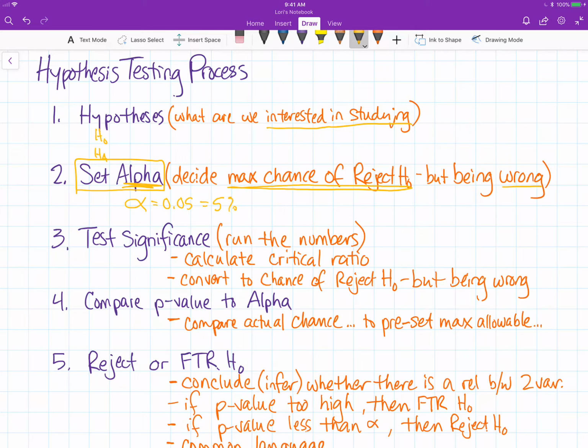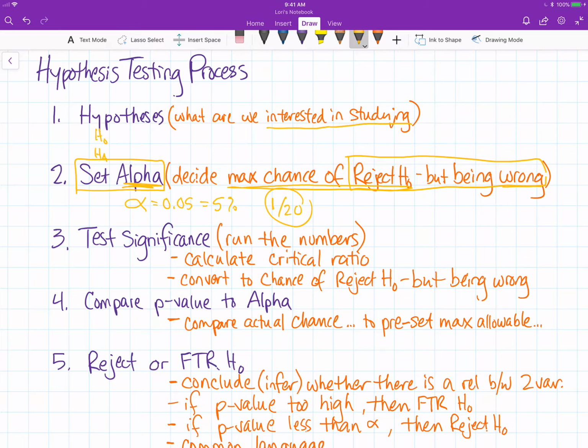Now, this is a historic level. Another way of thinking about it is 1 in 20 of the times, we would reject the null, but we would be wrong. And historically, somebody 100 years ago or however long decided that 1 in 20 was an acceptable level of making this mistake, of being wrong, of making a type 1 error.